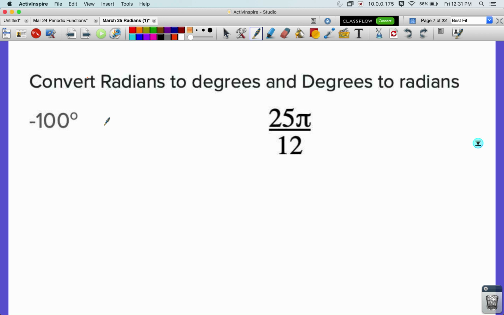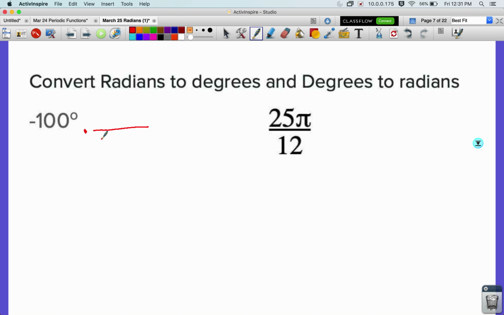All right, so how do we convert an angle measure that's in degrees into radians, or vice versa? Let's start with the degree one here. I've got negative 100 degrees. What I need to do is convert this into radians, so I want to multiply by a ratio of degrees to radians that I know is true.